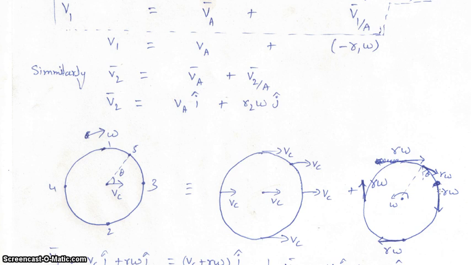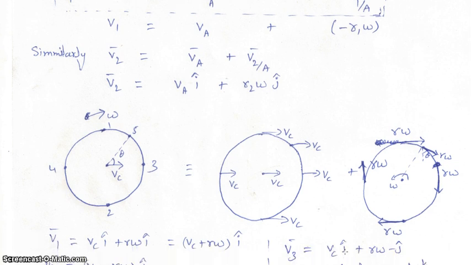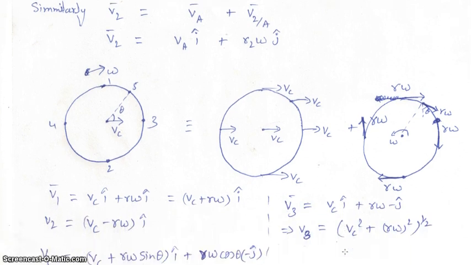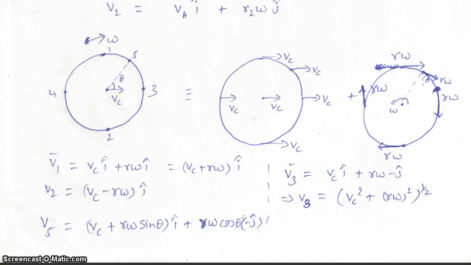So r omega are the velocities with respect to the center at the respective positions. Velocity of point 1: VC from this diagram, r omega from this diagram in the same direction, so we add them. For 2, VC from this, r omega opposite to that, so VC minus r omega.